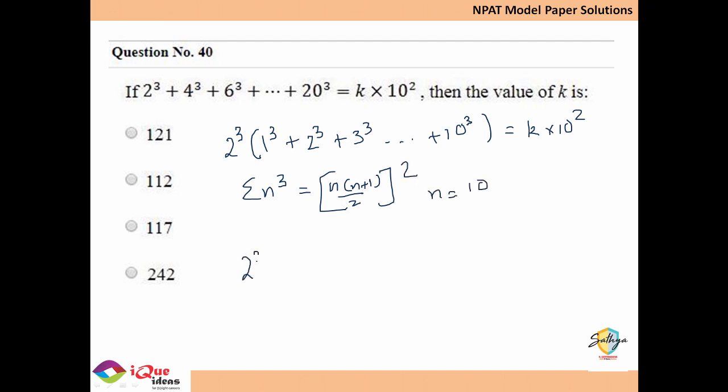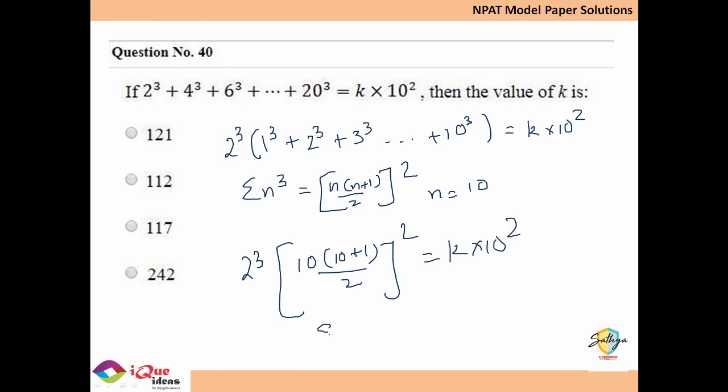So substituting, I get 2 cube into (10 into 10 plus 1 upon 2) the whole square is equal to k into 10 square. So I get 8 into 10 square into 11 square divided by 4 is k into 10 square.